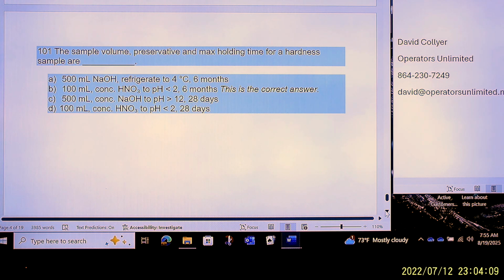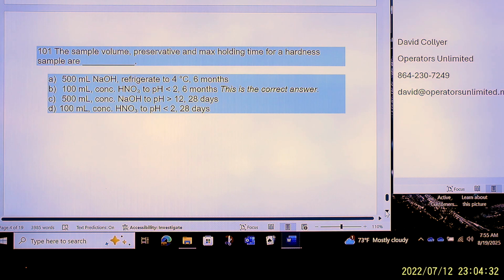C. 500 milliliters, concentrate, NaOH to a pH of greater than 12, 28 days. Or D. 100 ml, concentrate, HNO3 to a pH of less than 2 for 28 days?